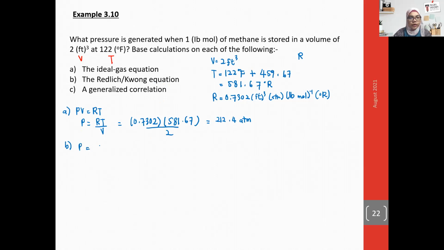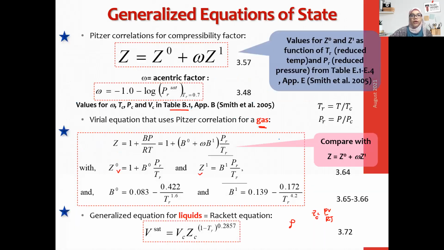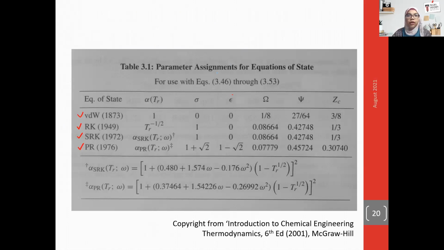Okay, for B, the RK equation, what is the Redlich-Kwong equation? P equals RT over V minus B, minus A over V times V plus B. We have the value of R, T as well, V as well. So we need to find A and B. A here, you need to refer back to this table.